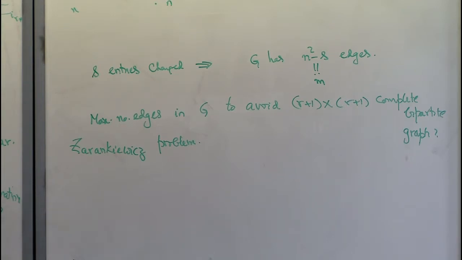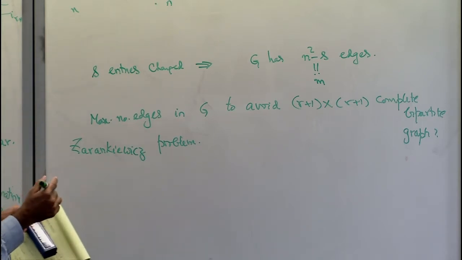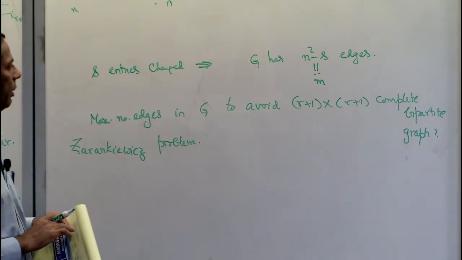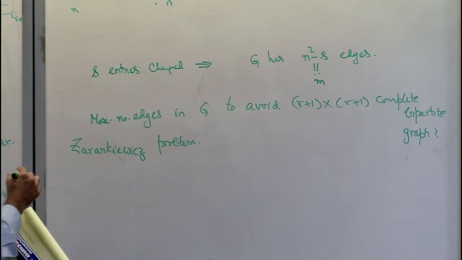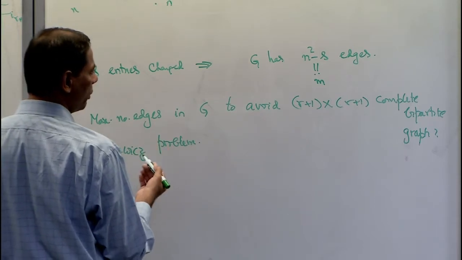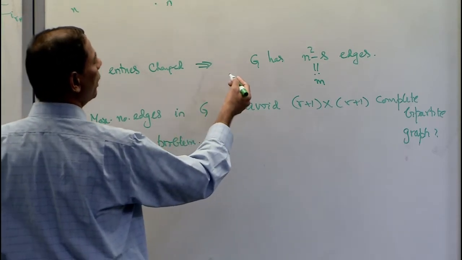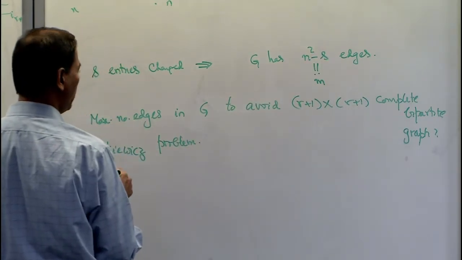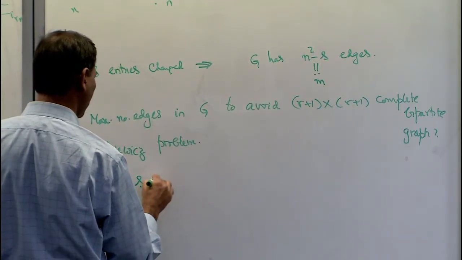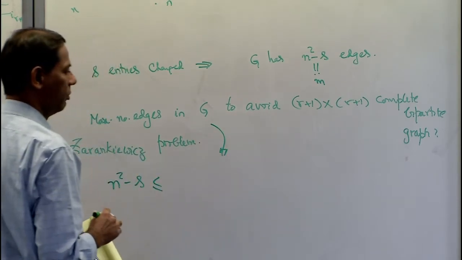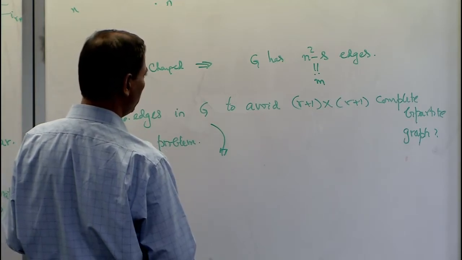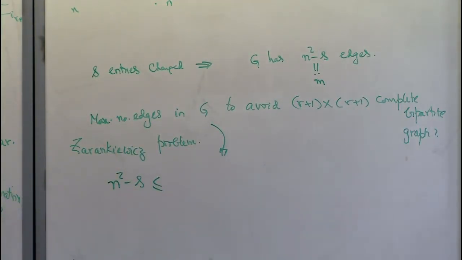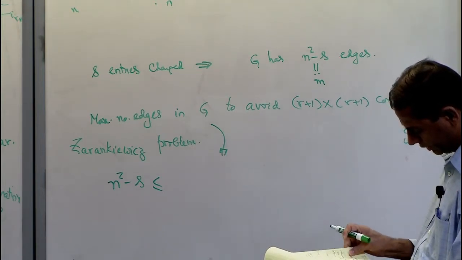So the maximum number of edges in a bipartite graph when you forbid an R by R, or R plus 1 by R plus 1, complete bipartite graph is a known quantity. So this is at most n squared minus this number. That number has a formula, an expression that we don't have to worry too much about, but I'll write it down.